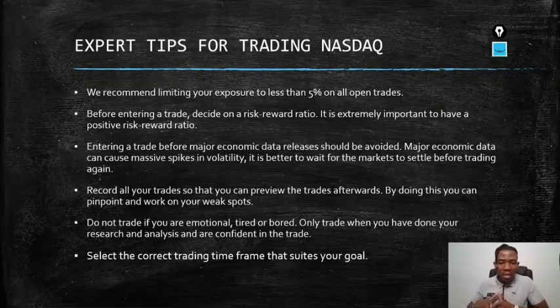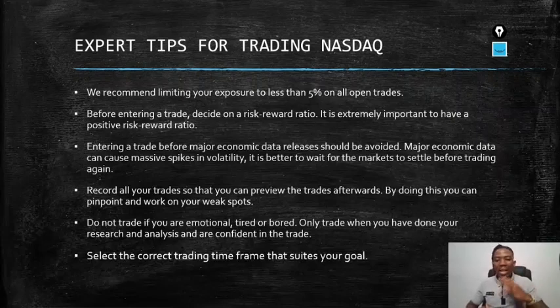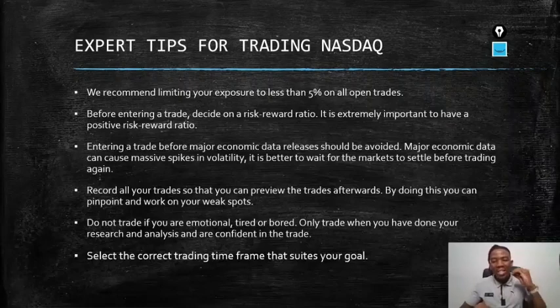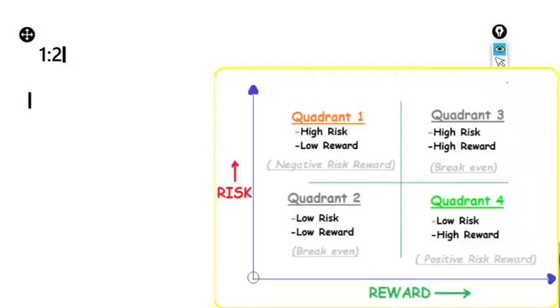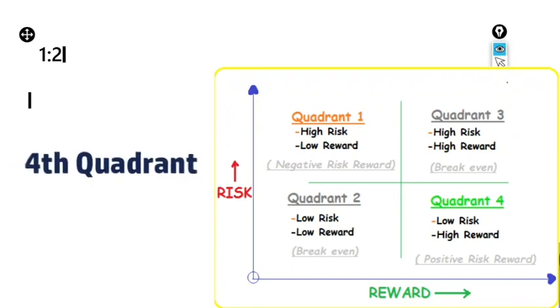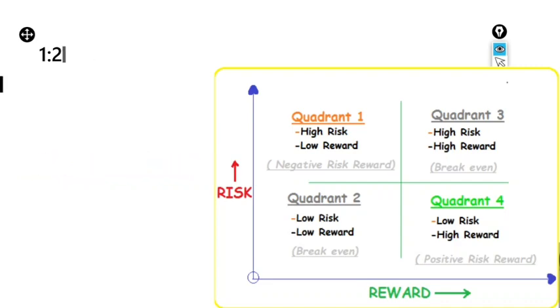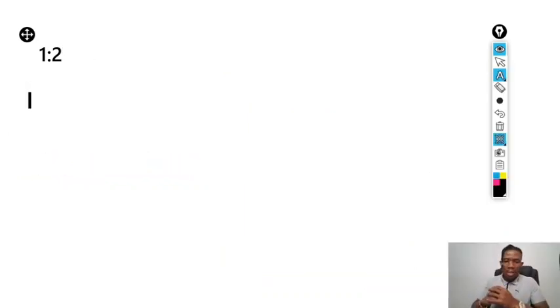Before we enter trades, guys, we recommend that you decide on a risk-reward ratio that is always positive. That will ensure that you always have a positive statistical advantage. Let me show you what I mean by that. Whenever we trade NASDAQ, we have to ensure that we use a risk ratio of 1:2. Why do we want to use this kind of ratio?